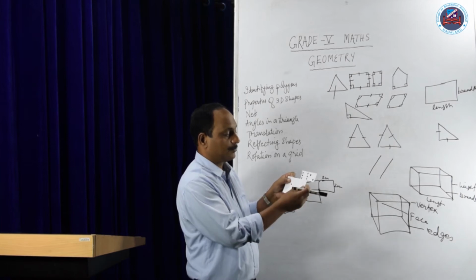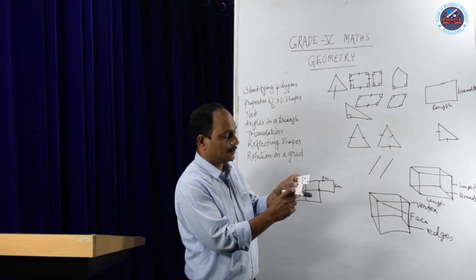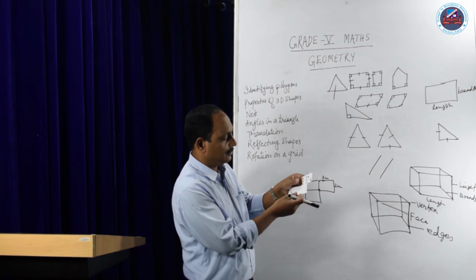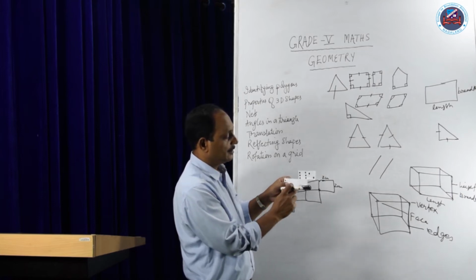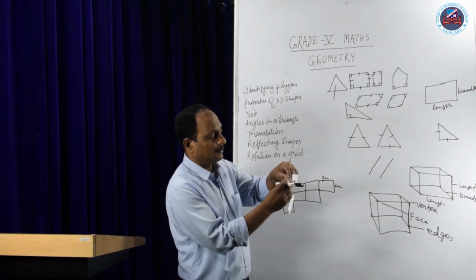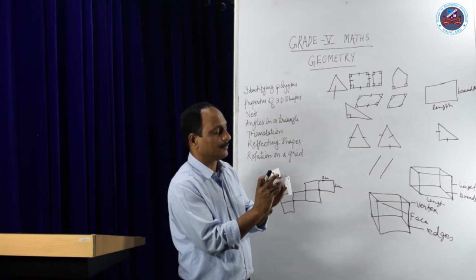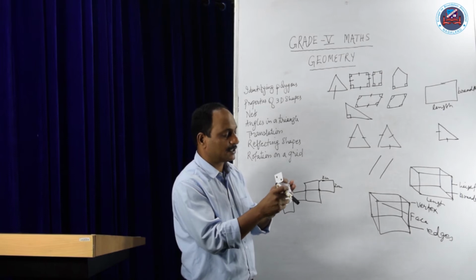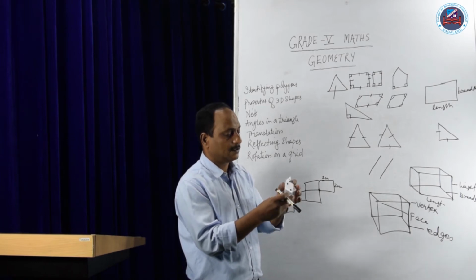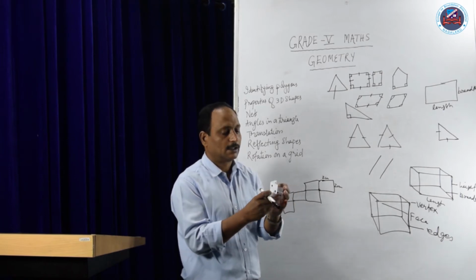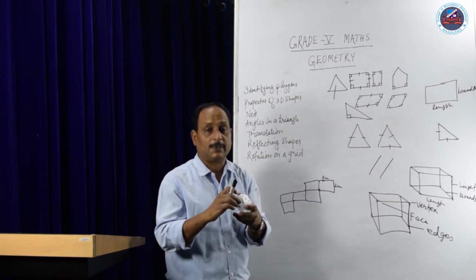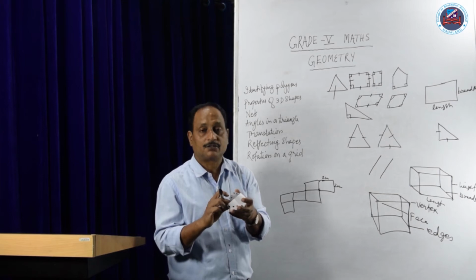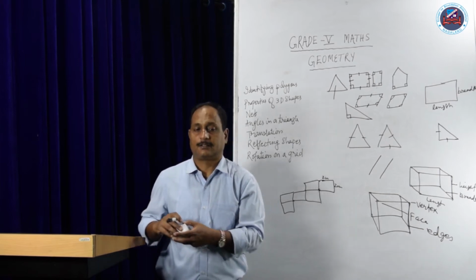When any shape is cut in equal square measurements, and when it is folded, it becomes a 3D shape, and this is called your net. Making a 3D shape is called a net.